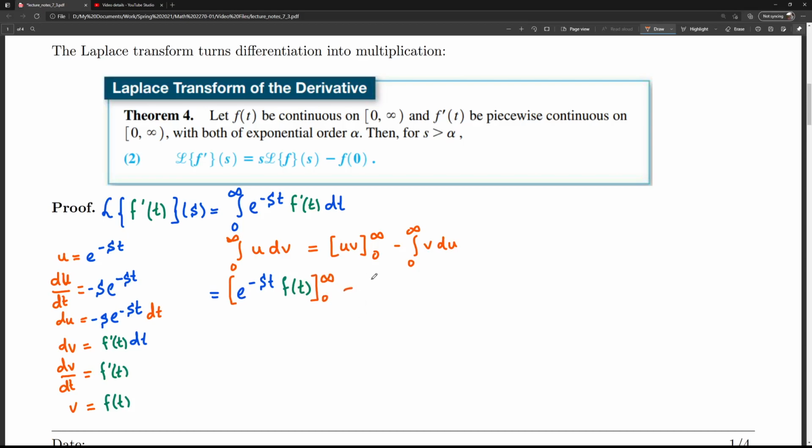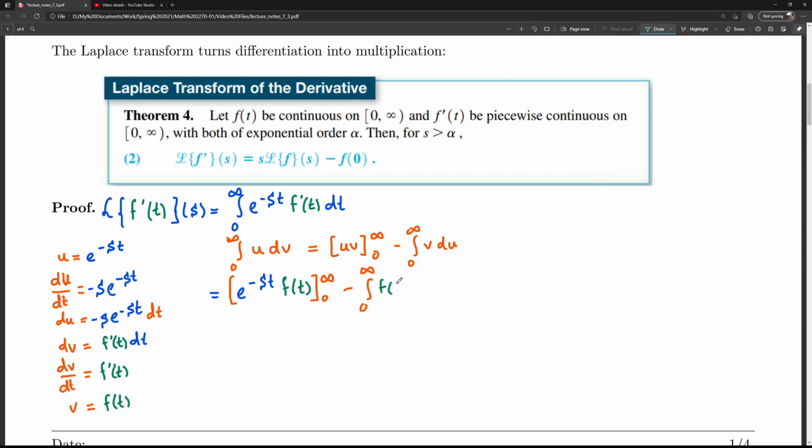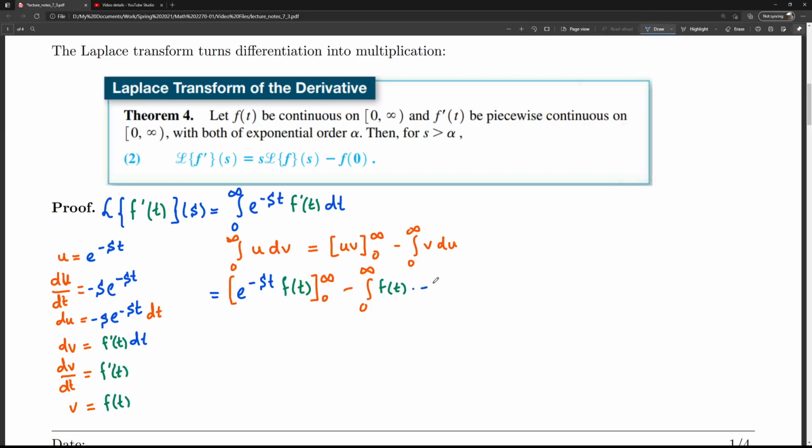And then I have to subtract from that the improper integral of v du. So v is f of t, and du is over here, so that is equal to times negative s e to the power negative st dt.